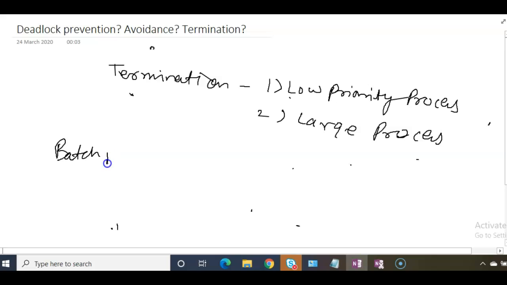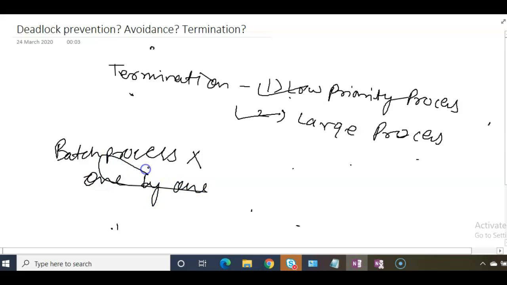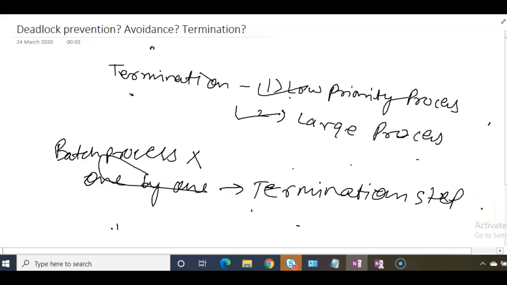So for a batch process, you should not terminate it. But for low priority and large processes, yes, you can terminate them if they are not dependent on other processes. And one more thing, this termination will happen one by one. One process will terminate, then another process. So these are the important theory points in deadlock.